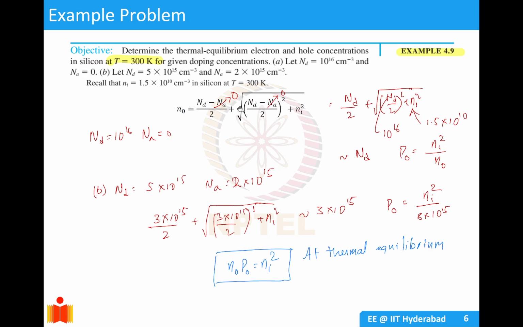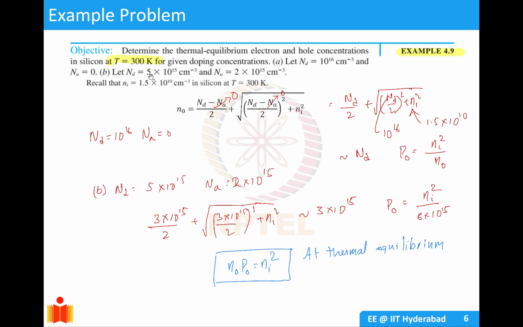We put the formula here with Na equals 0, Nd equals 10 to the power 16 and ni equals 1.7 times 10 to the power 10. If you solve this, you will get that n0 is approximately equal to Nd, 10 to the power 16, and p0 you can calculate by just doing ni square by n0. That gives you the electron and hole concentration.